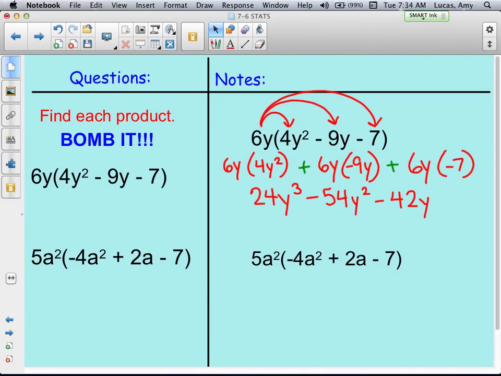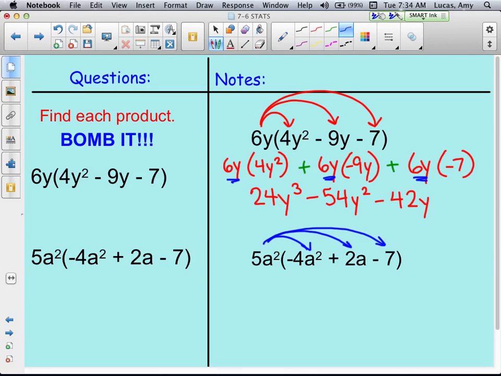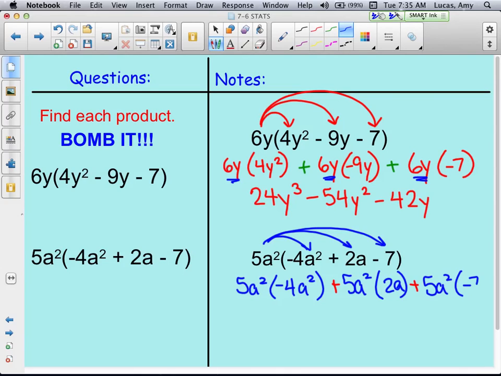Now, if you can do that without expanding, that's fine. And if you can do that without even writing out, like I did on this first one, writing out the 6y every time, that's fine as well. So on this one, 5a squared times negative 4a squared plus 5a squared times 2a plus 5a squared times negative 7.